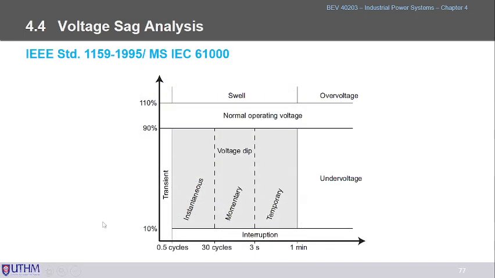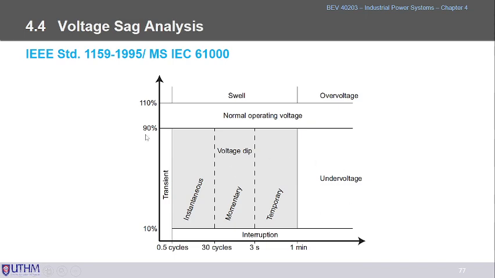As you can see here, we have from 0 to 110%. This is our normal operating voltage, from 90 to 110%, so we call it normal operating.